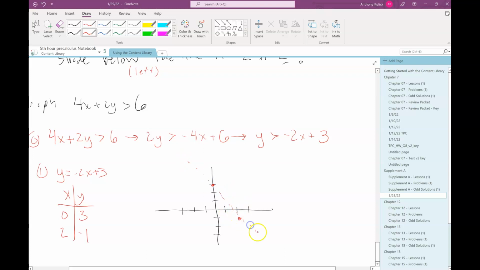Because it's a strict greater than inequality, I'm going to draw it with a dashed line. And then since it's a greater than, I'm going to be shading above the line. So you just pick any point on the line and then you're doing above. So there's my step 3, is to do my shading.